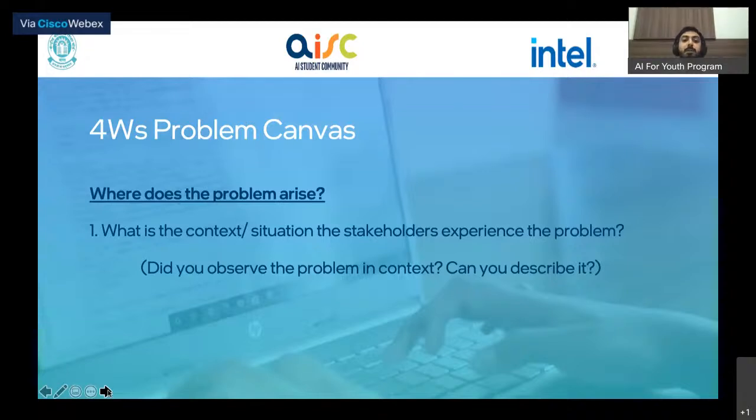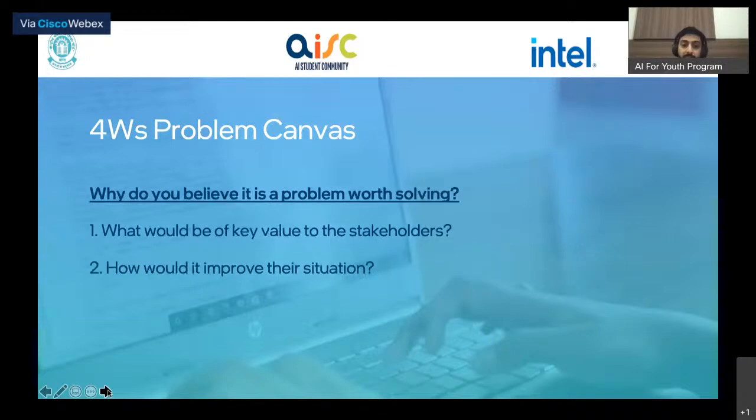Great. So after the where canvas comes the why canvas. Now this is one of the most important canvases, because in this canvas, you need to ask yourself this question: why do you believe that this is a problem worth solving? Right? Now this why gives you a motivation to solve the problem, to determine a solution for it.